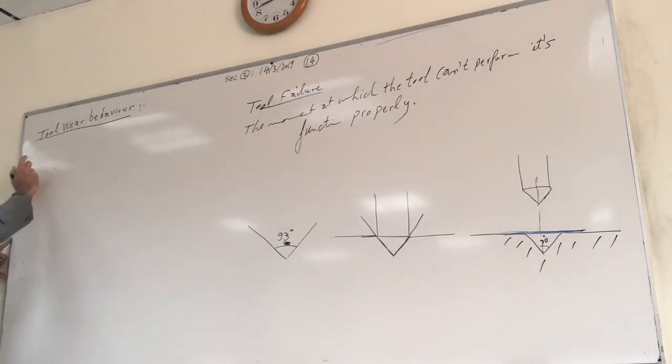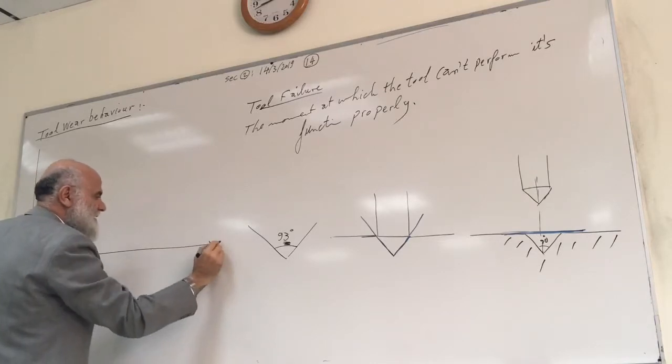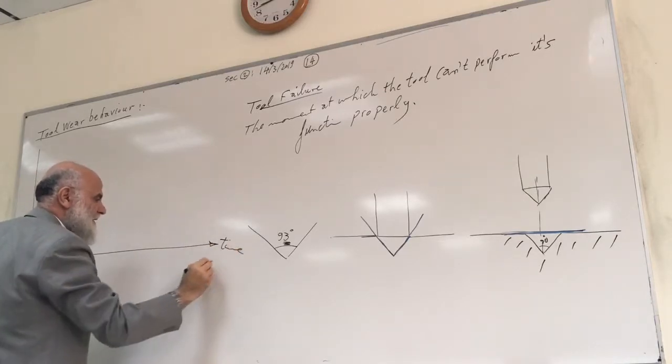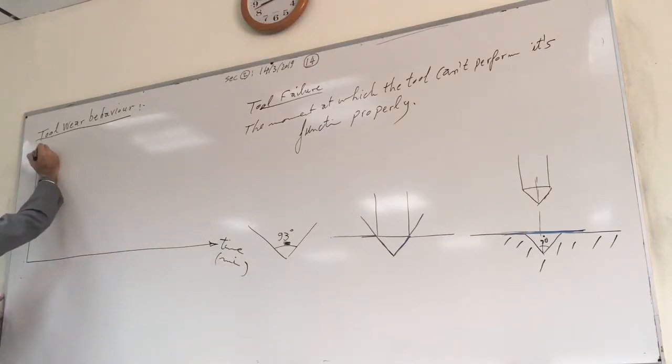If we say that the vertical axis represents the tool wear and the horizontal axis represents the machining time in minutes. This is the tool wear in millimeter, VB for example, or W or something in millimeter.